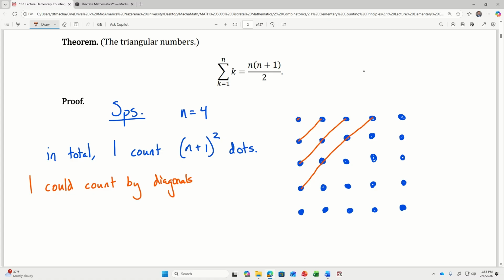And what I've laid out here in these 4 diagonals is something like the sum of k, where k goes from 1 to n. Right? Because this is k equals 1, this is k equals 2, this is k equals 3, and this is k equals 4. And that's not quite the entire square, is it? It's about half of the square, because there's another half down here. So let's multiply that by 2.